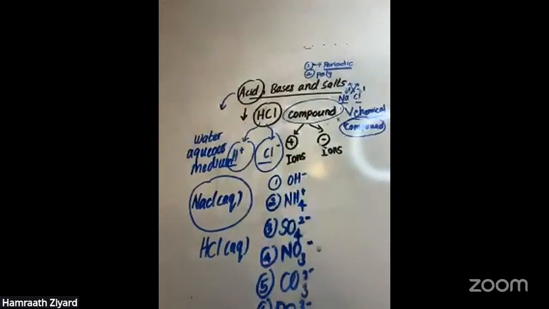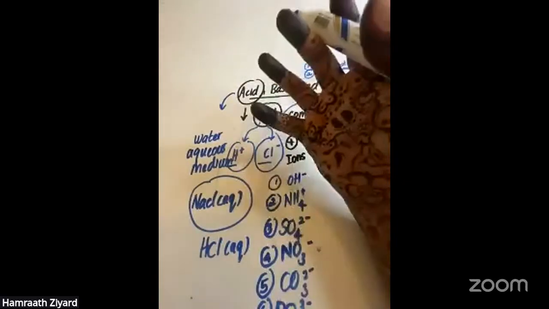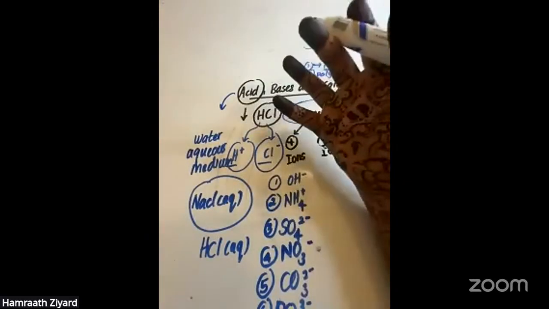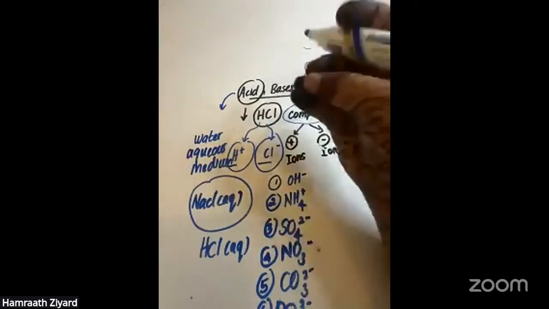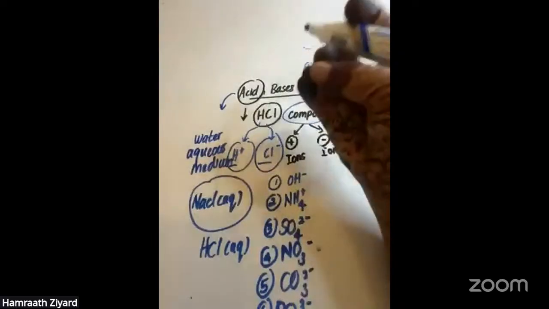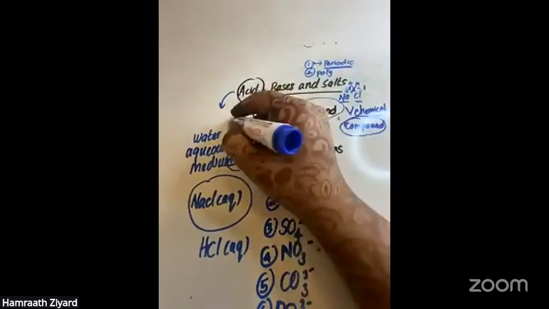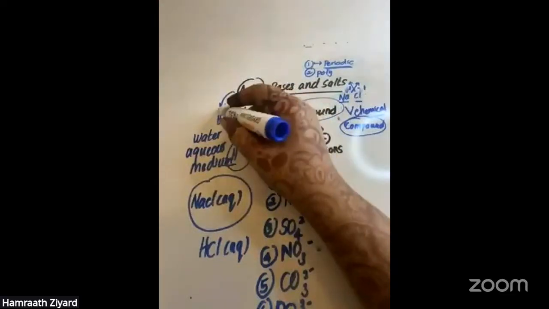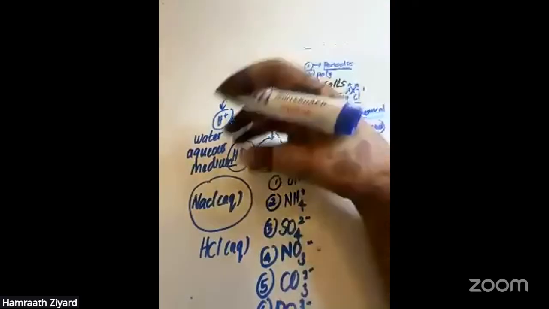So when you talk about acids, the main part of the acid is this: whenever you put the acid into water, it releases H plus ions. The speciality of the acid is to release H plus ion, hydrogen ion.